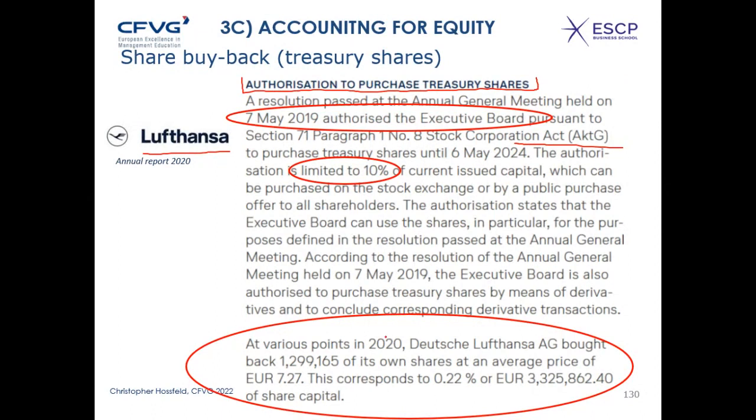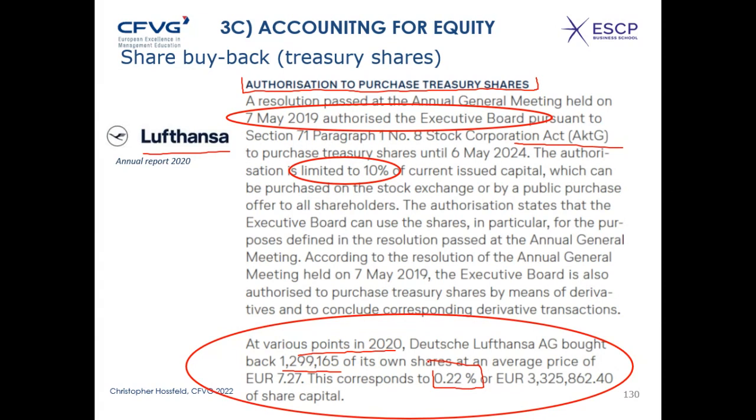So, for example, in 2020, at various points, you see Deutsche Lufthansa bought back 1.2 million of its own shares, and that corresponds to 0.22% of all shares. Okay, well, that means basically nothing, and we are far away from the 10%. So it's not really a limitation.